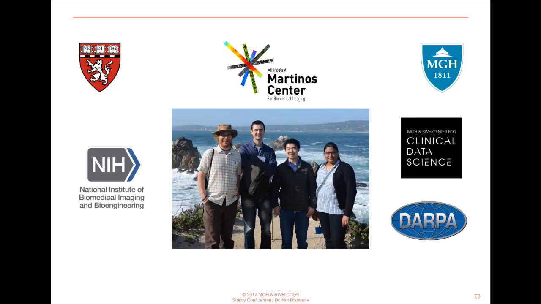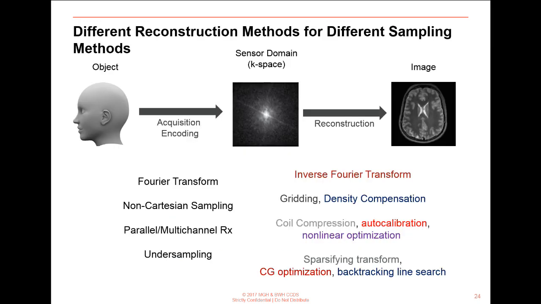I'll show you an example of some of the things that are coming out of the Martinos Center in deep learning. As I mentioned, machine learning is being used for all sorts of applications beyond classification. We know that MRI images are constructed by an inverse Fourier transform from k-space, and we also know that there are multiple methods for doing this depending on different situations.